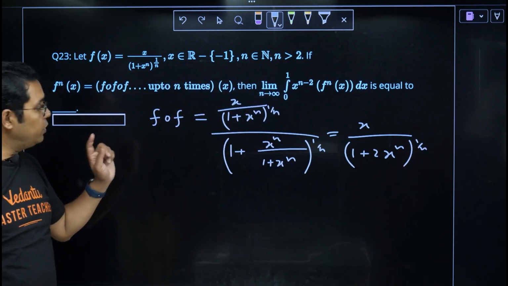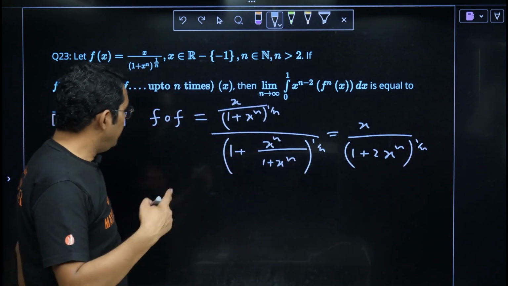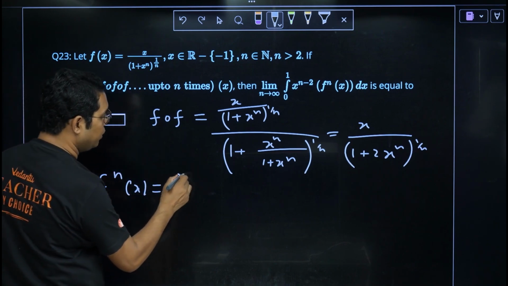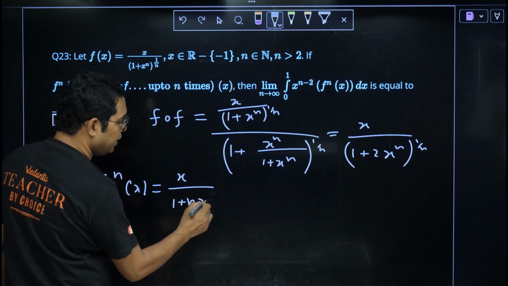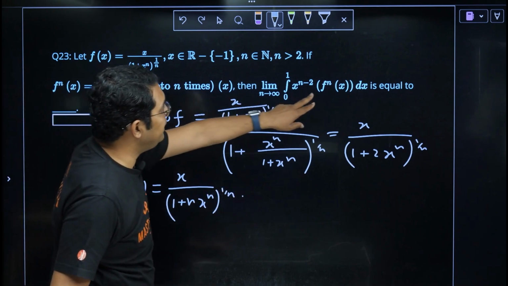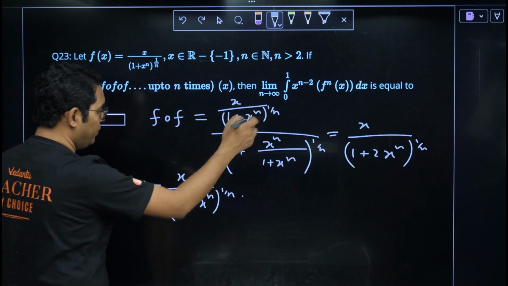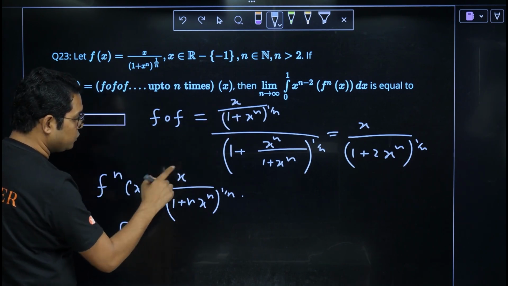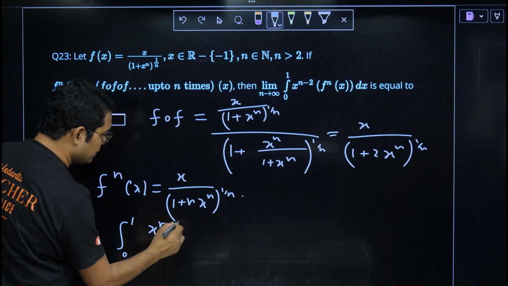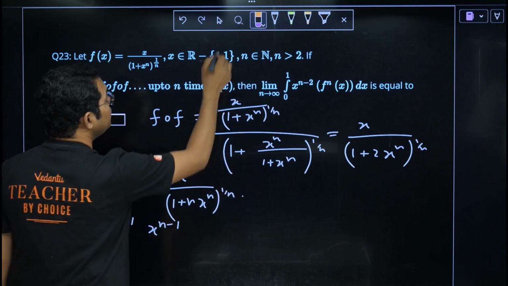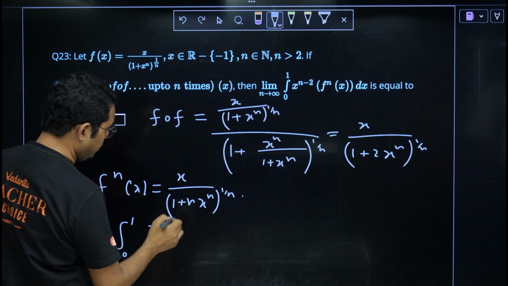So if you are taking f of f, you are getting 2 here. Likewise, if you keep on doing it, I am not doing it, you can check it. f_n(x) will be equal to x upon (1 plus n x power n) whole power 1 upon n. Okay, now we have to integrate this thing. Now the other part is the integration. So if I do the integration from 0 to 1, x power n minus 2 will multiply with this, so x power n minus 1 here upon, not upon, into, no wait, it is actually upon.